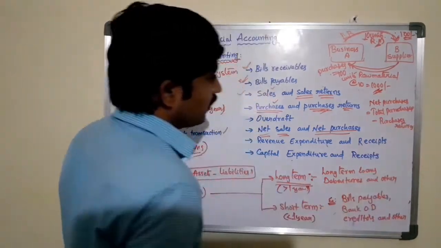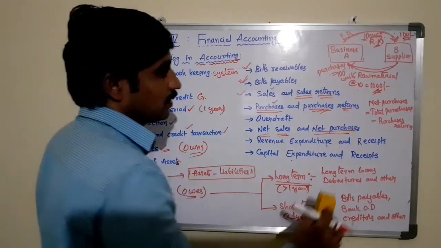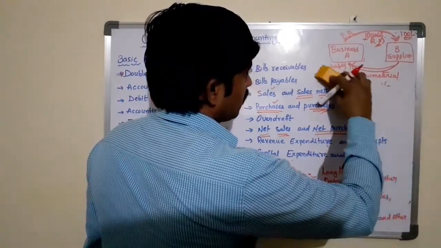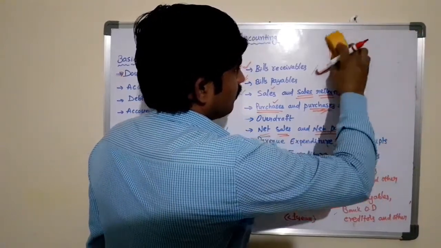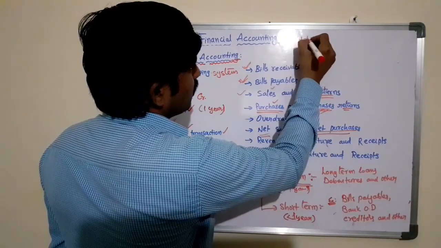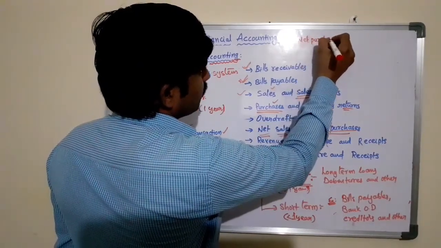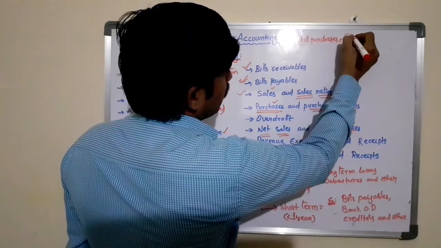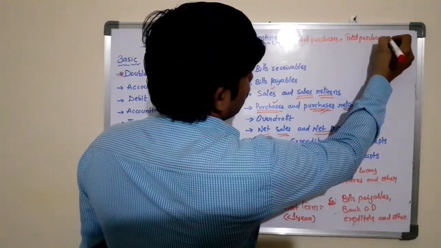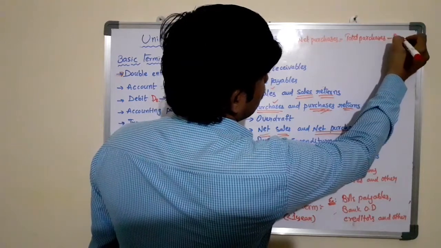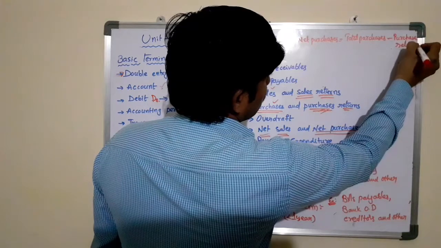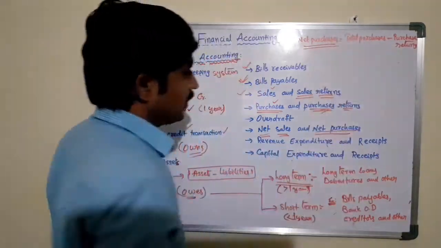So the difference between the total purchases and purchase returns is known as net purchases. So here net purchases equal total purchases minus purchase returns, which is known as net purchases.